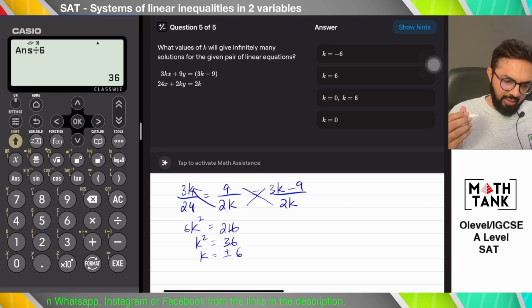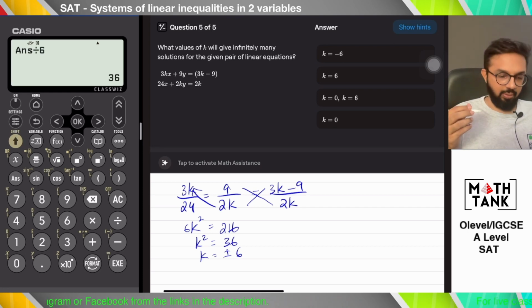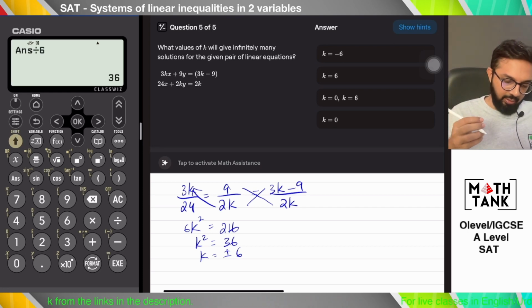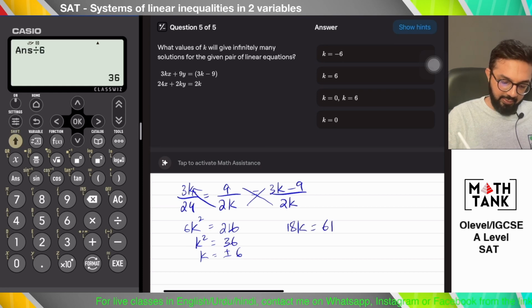Because I have a feeling that one of these answers may not be correct. Okay. I think the other one is also giving me a similar answer where I'm getting 18k equals 6k square minus 18k. 6k square minus 36k.